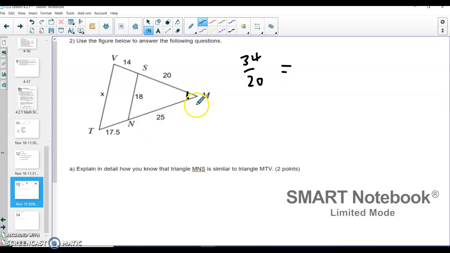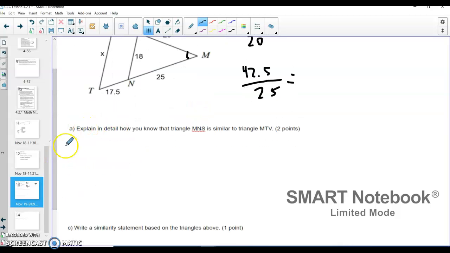And then the other one would have been needing MN to be proportional to MT, which would have been, I believe, 42.5. Maybe I'm wrong on that, but I believe it's 42.5 over 25. And that should hopefully give you the same zoom factor to say, okay, these sides are proportional and M is equal to M, so I have side angle side here. Okay, so that's what I was looking for in part A.